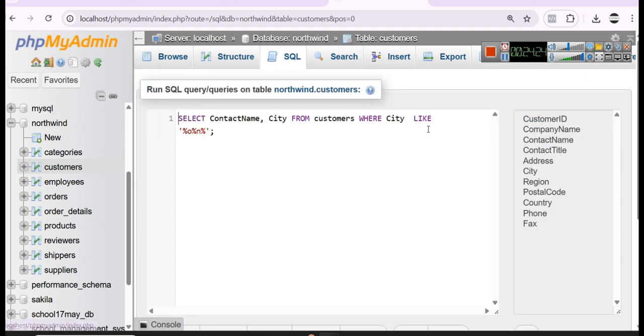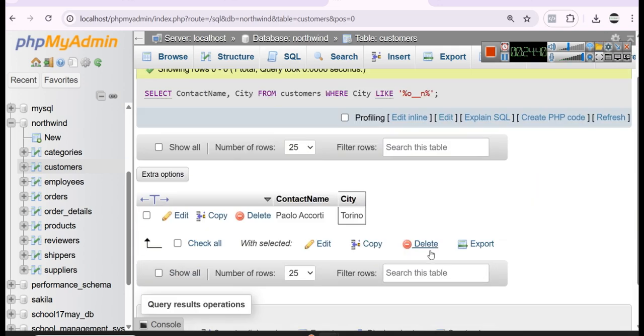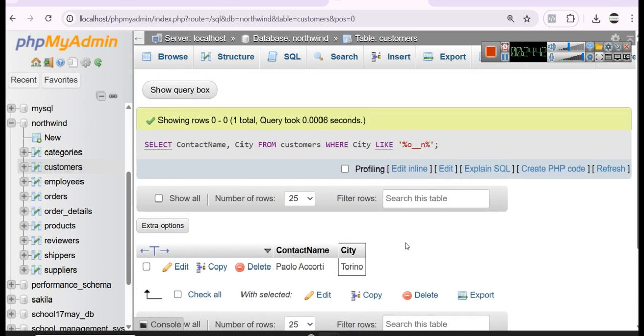Or if I write O underscore underscore N, what will this mean? That there are exactly two characters between O and N, right? Torino. Between O and N, there is RI. So two characters between them.